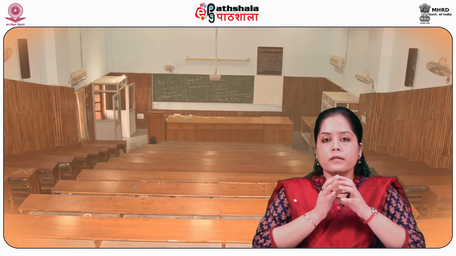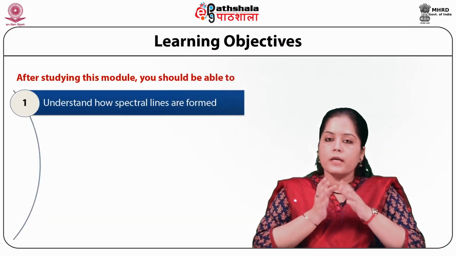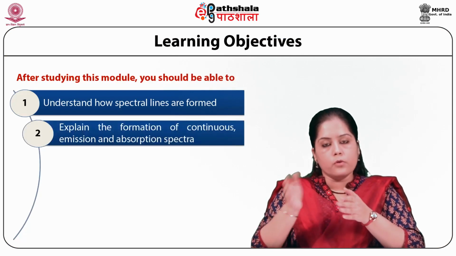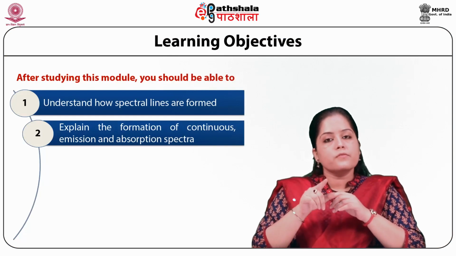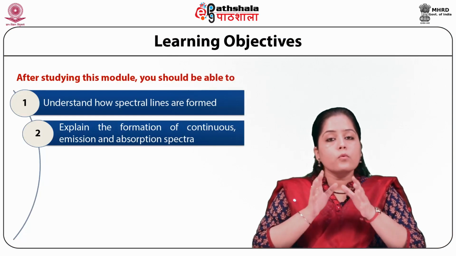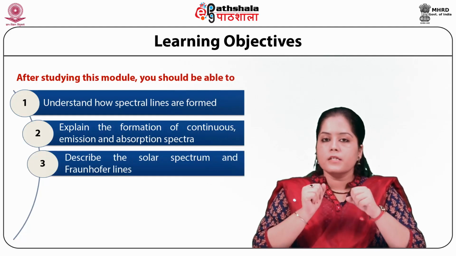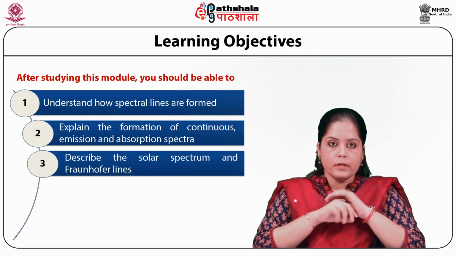First, we will learn that spectra can be continuous, emission or absorption. The last one is caused when a cool gas absorbs the photons from the continuous spectrum.